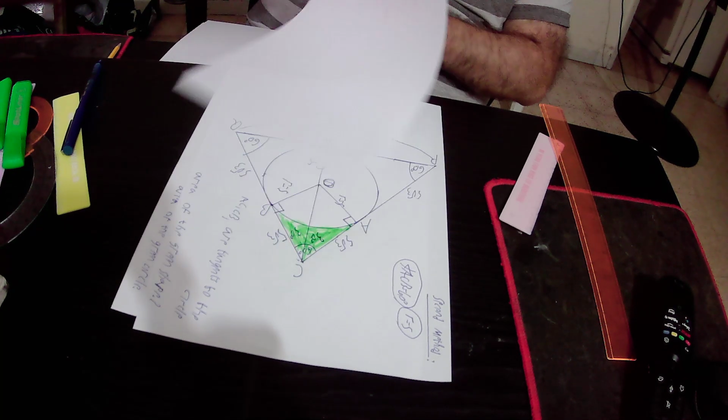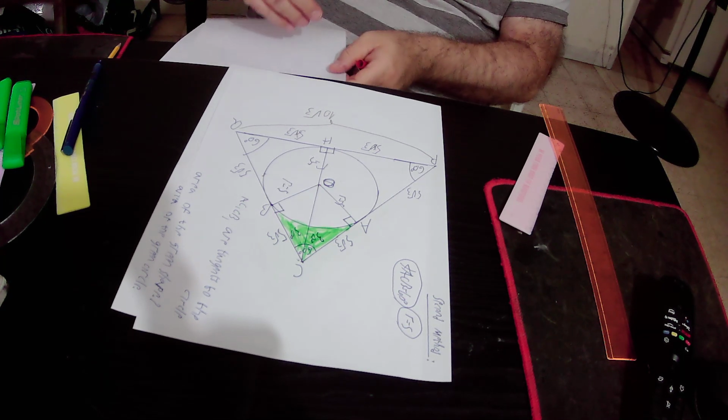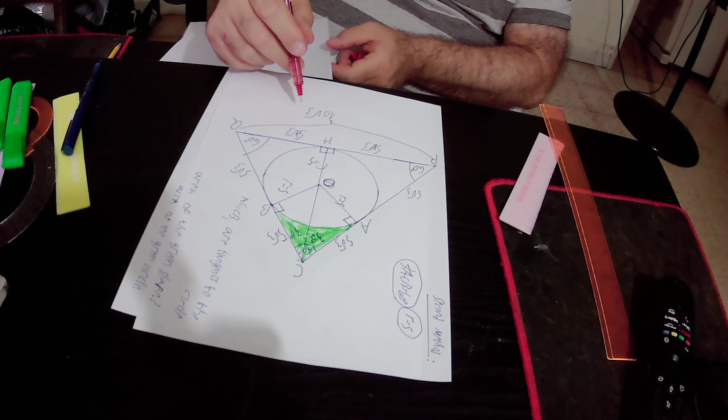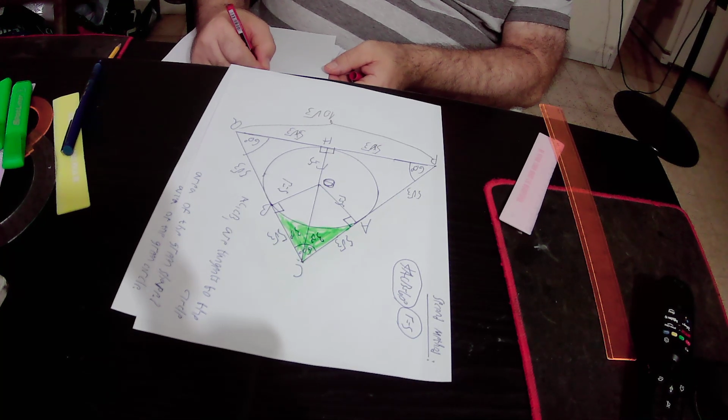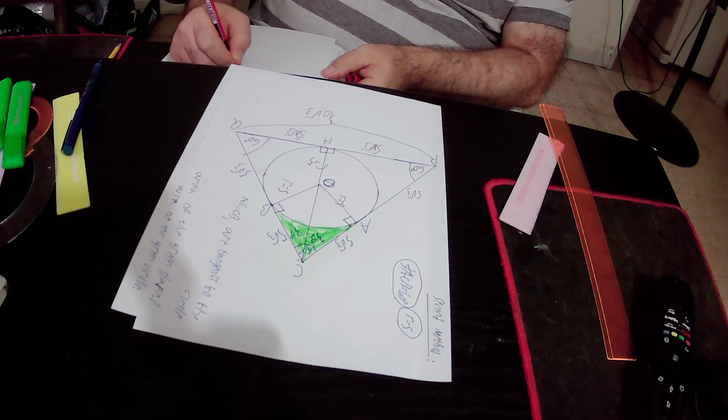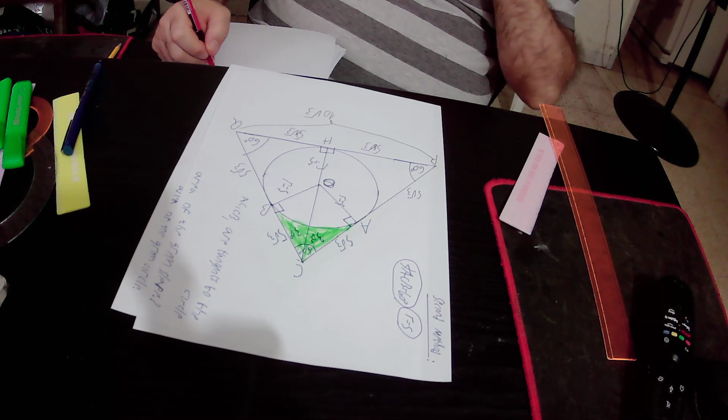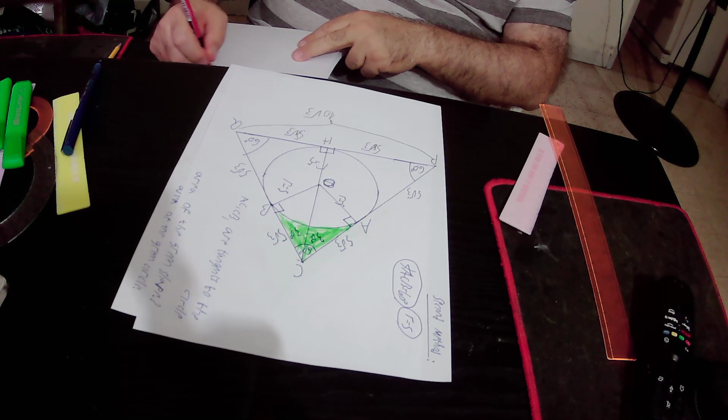But what is the value of CP and CQ? CP equals to CQ equals to 10 times root 3 units. So the area of equilateral triangle CPQ will be equal to 10 times root 3 times 10 times root 3 times sine 60 degrees, which is root 3 over 2, all divided by 2.